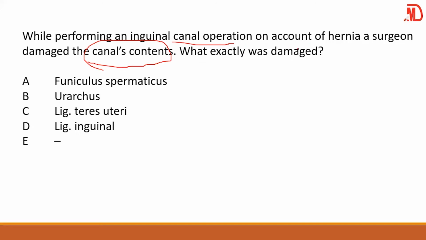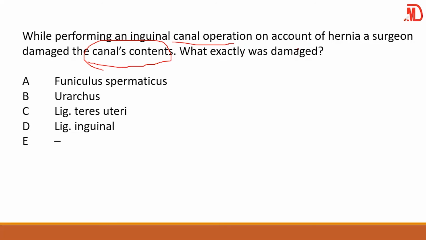We're going to talk about the funiculus spermaticus, or the spermatic cord. It passes there, and it is one of the few things that we get worried about. Usually it is found in men. So this person is a man, because ladies don't have spermatic cords. This is referring to a man, so please take note of that.